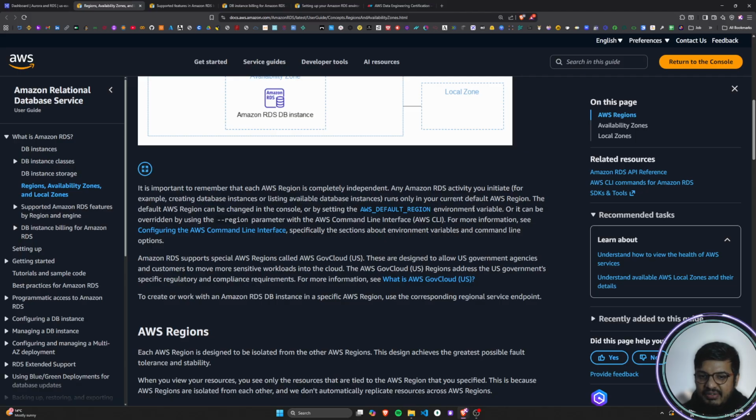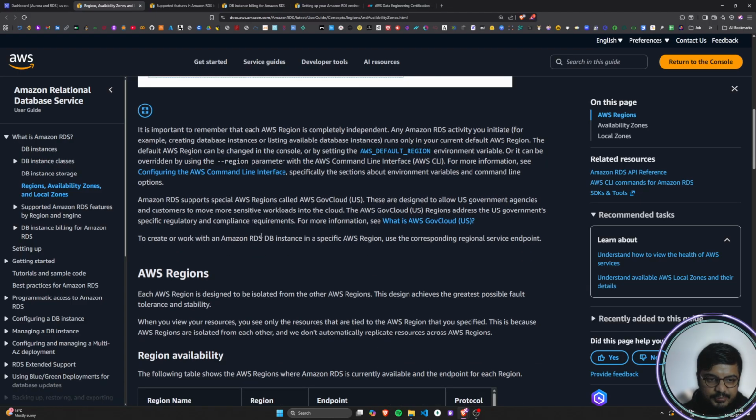If you are using the AWS CLI, we can use this environment variable, or it can be overridden by using the hyphen-hyphen region parameter with the AWS command line interface. For more information, you can see this link, specifying the sections above on environment variables and command line options.